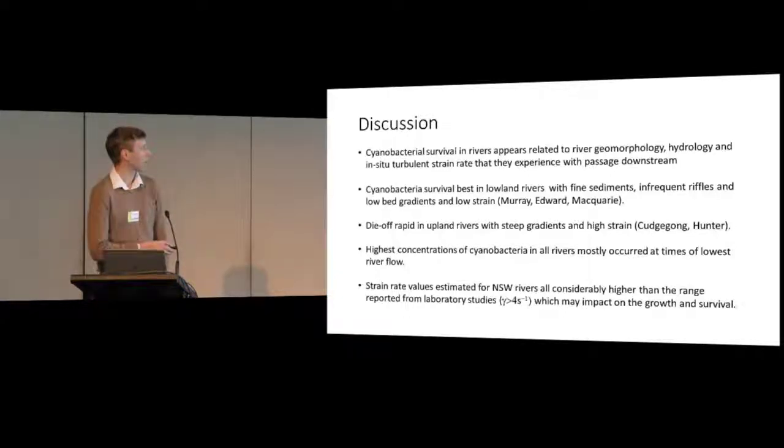In the Cudgegong and Hunter rivers, where the slopes are much greater, the turbulent strain rate is much greater, and the die-off is much more rapid. There is this trend with more concentration of cyanobacteria under lower flow rates. And in comparison with another benchmark, all the strain rates experienced in the river systems are much higher than the limits at which we'd expect to see some kind of influence on some species in the lab.